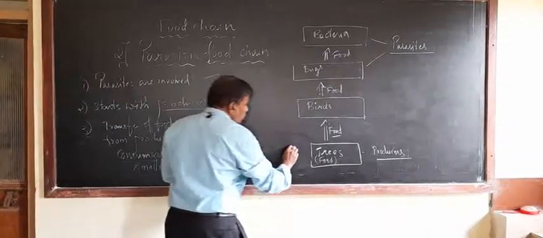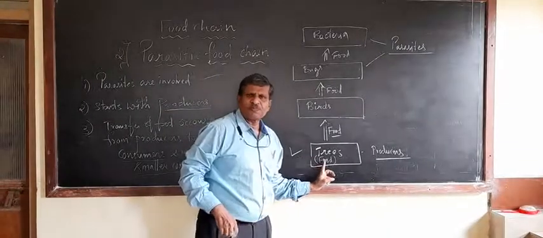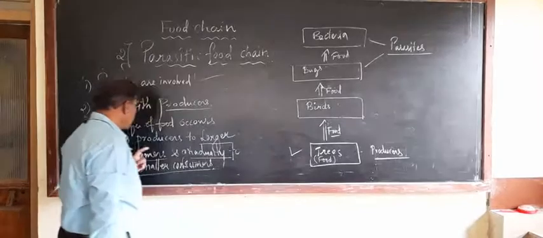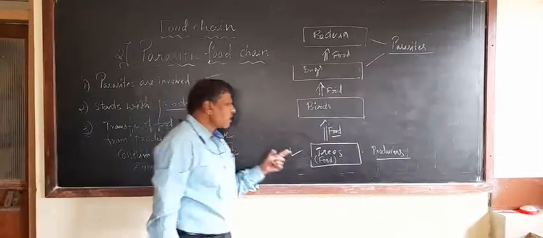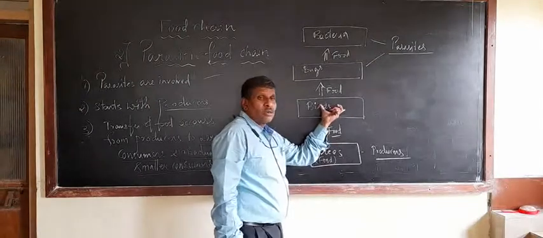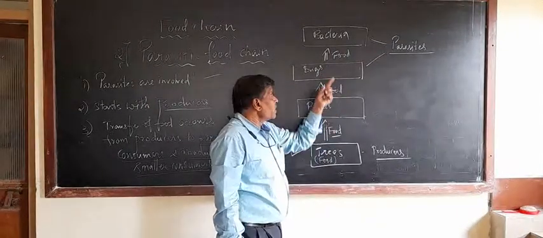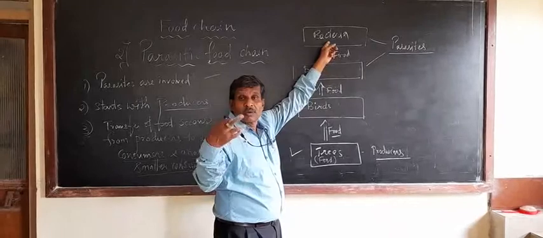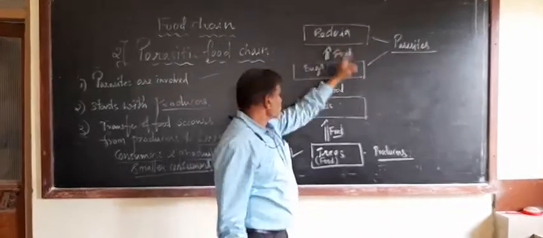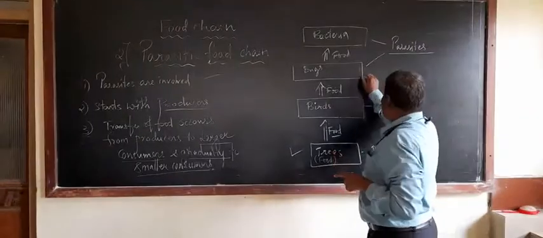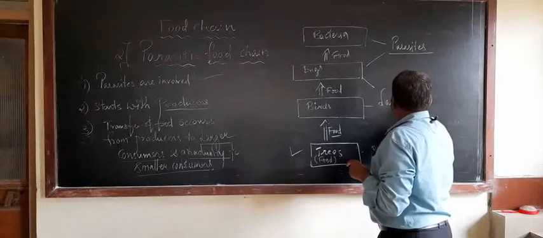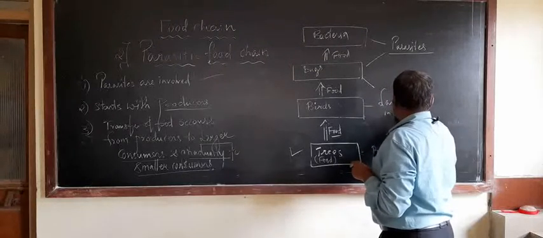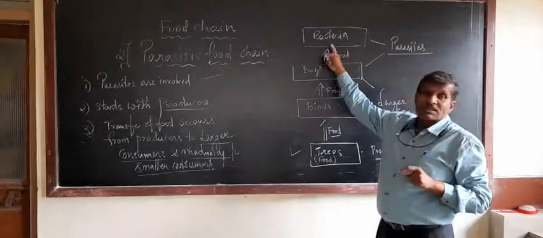Even this food chain starts with the producers. In the parasitic food chain, transfer of food takes place from producers to consumers of the larger size, then to consumers of the smaller size. Look here, birds are the consumers, bugs are the consumers. They are usually larger in size when compared to the bacteria.